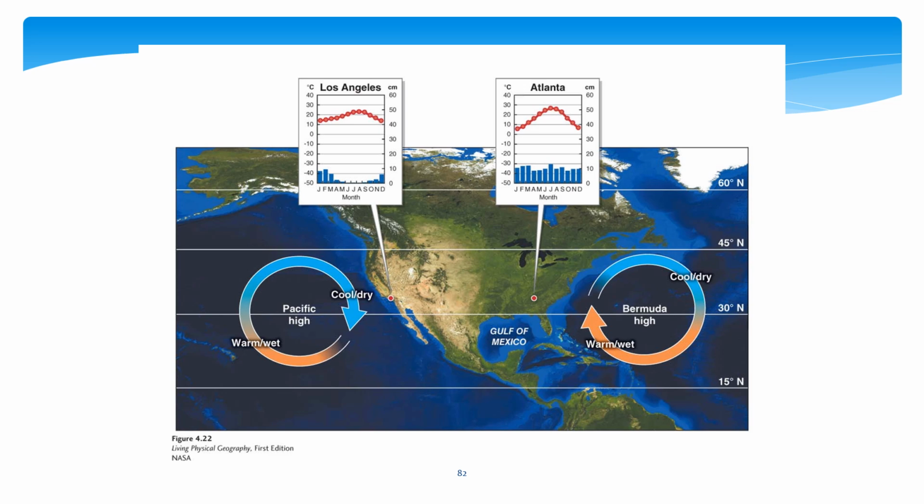Now let's contrast this with what's going on over on the West Coast in Los Angeles. If you look at our climate graph, you see that basically there is almost no precipitation whatsoever in June, July, and August. Here we have our Pacific High out over the ocean. Same deal, but look where it's getting the air that it's bringing into the continent along the West Coast.